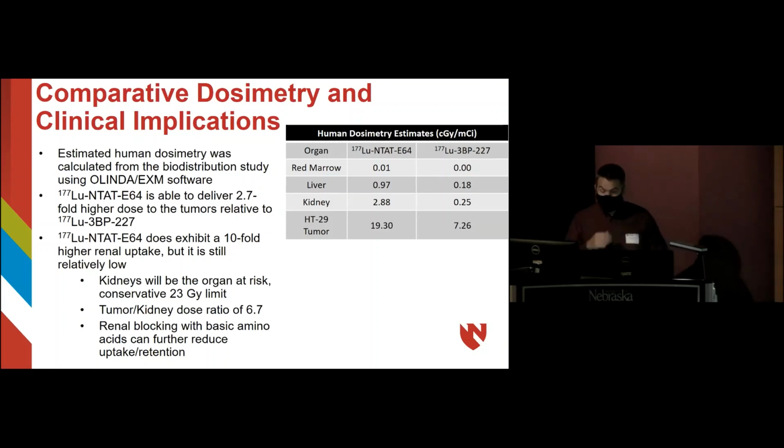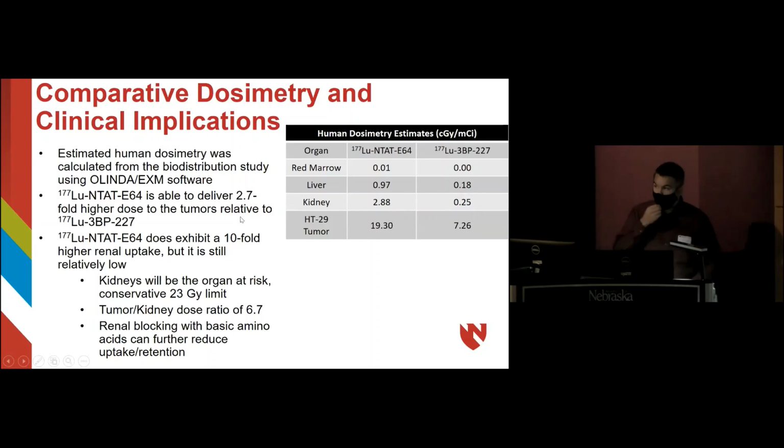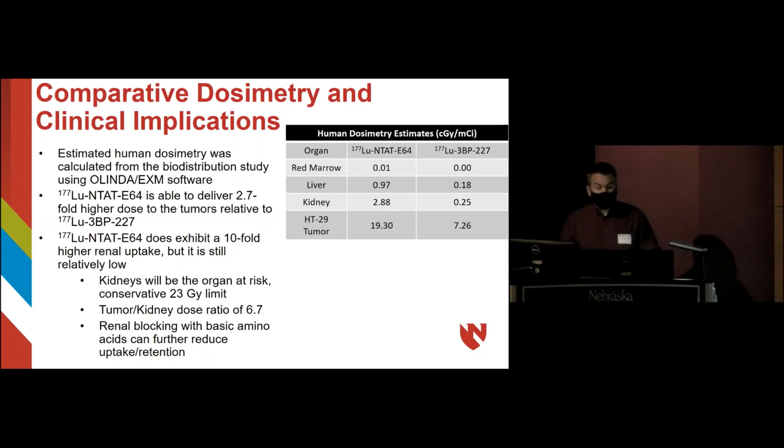However, because of the uptake and retention profile, we increased our overall kidney dose from 0.25 for 3BP to 2.88. Now, 2.88 is still relatively low relative to most targeted radionuclide therapeutics that are in the clinic. For example, it's about in the same range as Lutathera. So this still is very reasonable for translation.